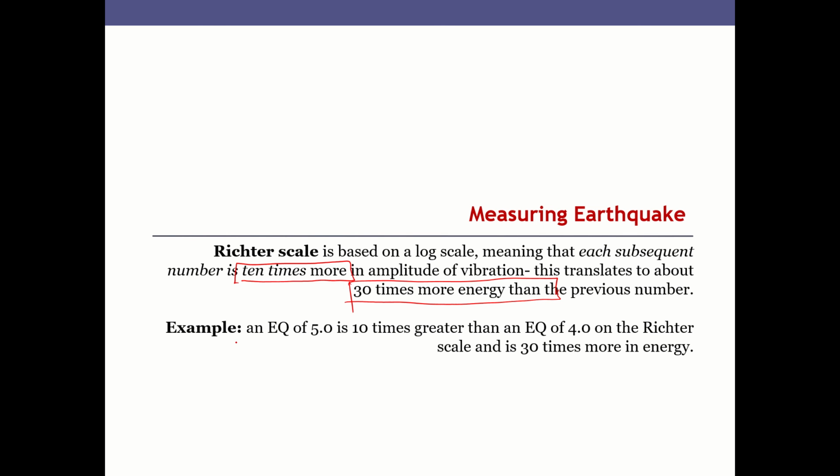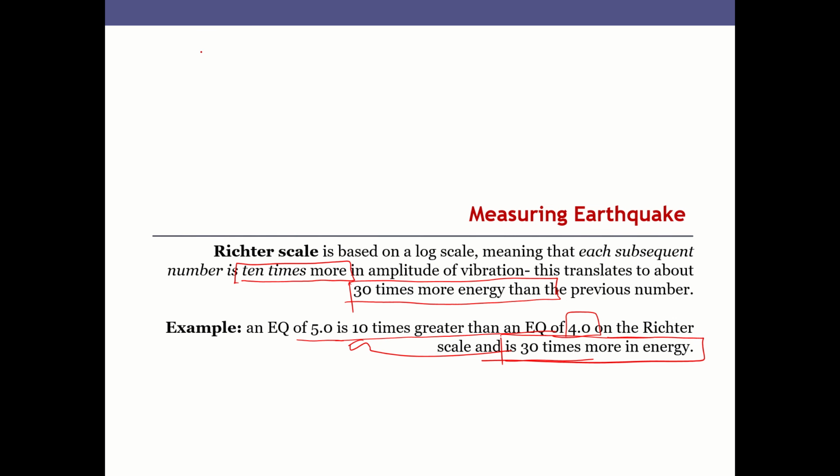Okay, so for example, let's say an earthquake of 5 is 10 times greater than an earthquake of 4. Which means on the Richter scale, it will release 30 times more energy than the lower number.